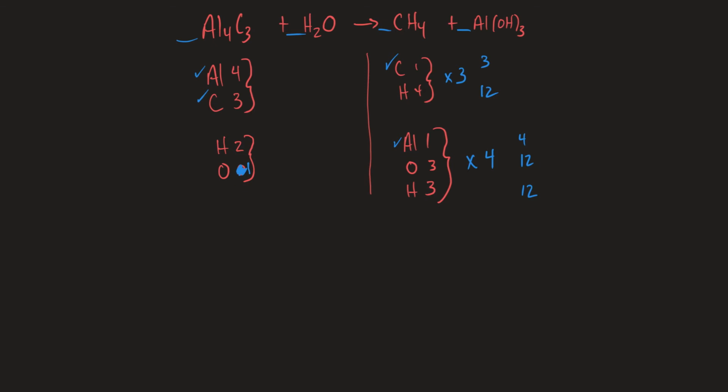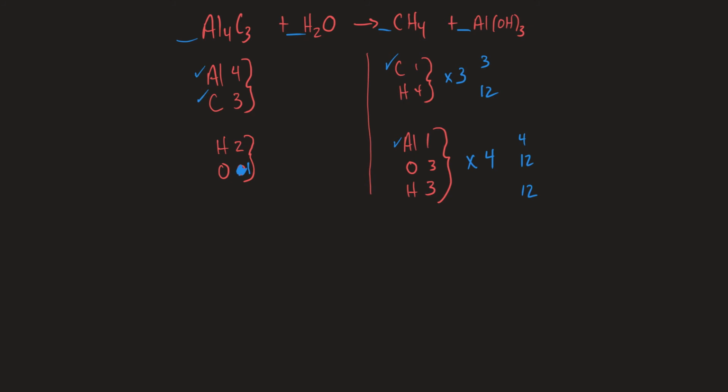So let me keep going here. So now hydrogen is in lots of places. Hydrogen is here, 1 place on the left, and 2 places on the right. So I'm going to try to deal with hydrogen last. Because if I start changing too many things with hydrogen, then it's going to undo a lot of what I've already done.